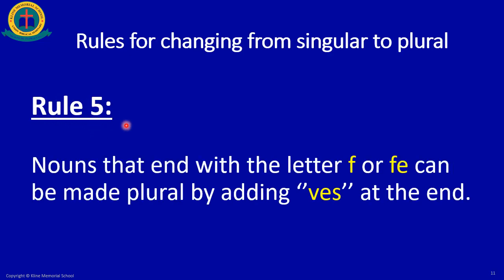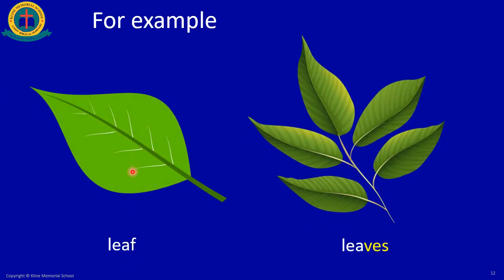Let us learn rule number 5. Nouns that end with the letter F or FE can be made plural by adding VES at the end. For example, one leaf, many leaves.